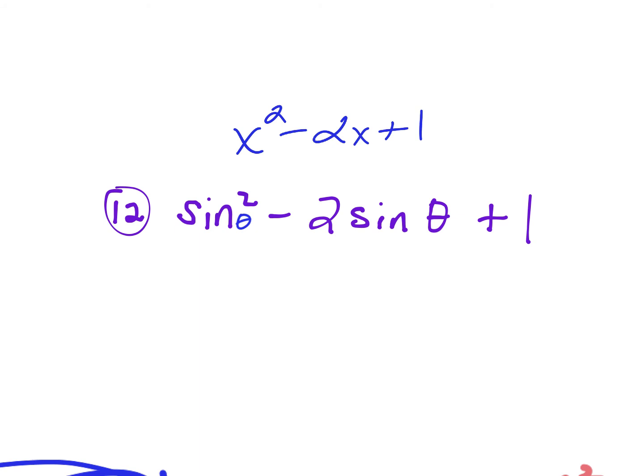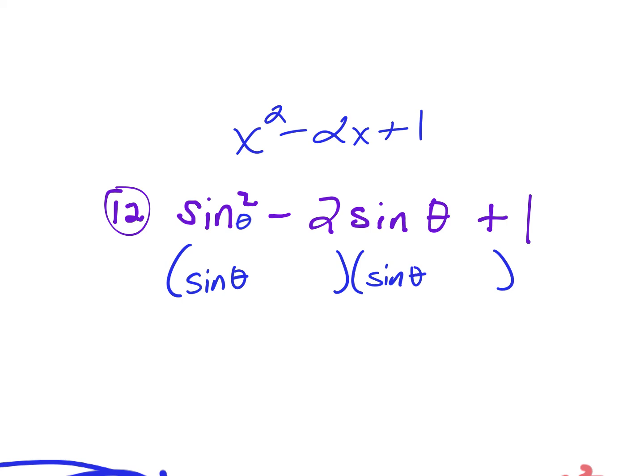If you have a problem like this on your quiz, it'll probably tell you in the directions to factor and simplify. I don't know if we're just going to automatically assume that you're going to look at this and factor it. But if I factor this, what times what, Julian, would give me sine squared theta? Sine times sine. Good. So sine theta, sine theta.